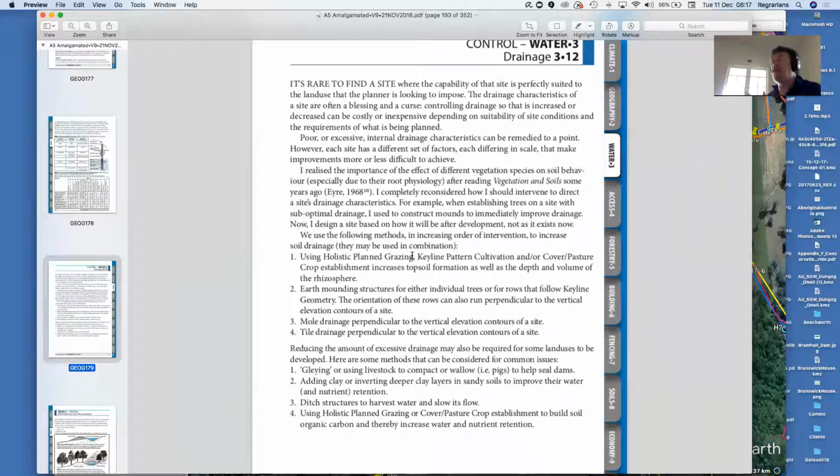So when we're developing systems and when we're trying to influence systems or direct them in a particular way, the kind of vegetation communities that we might have on them or that we install will have a really big impact on the kind of soil that we'll have and the kind of soil characteristics that we'll have.